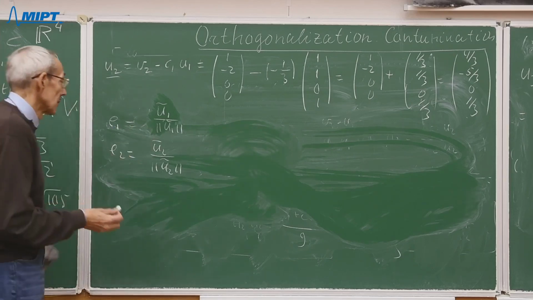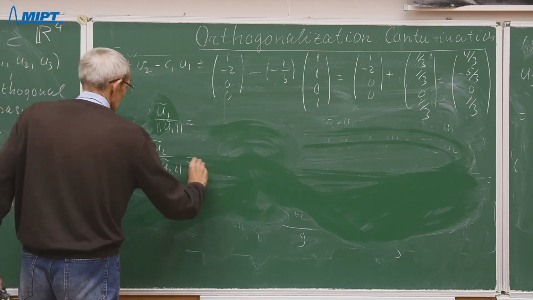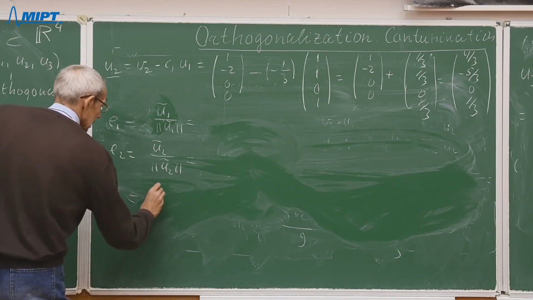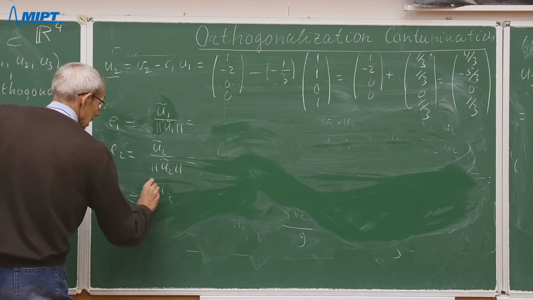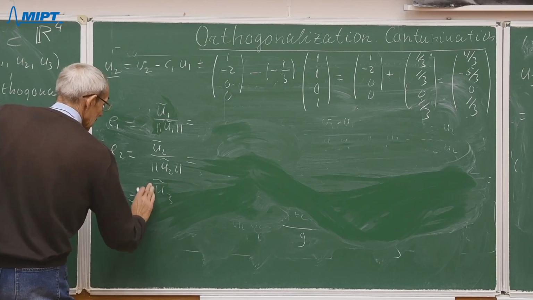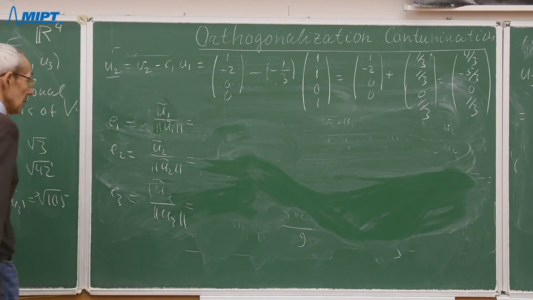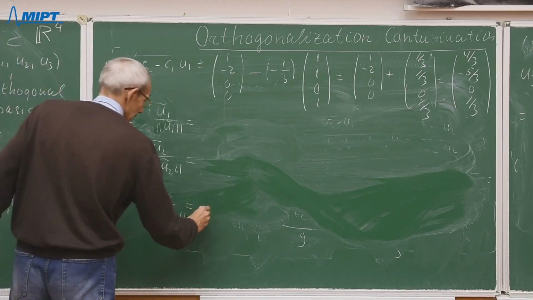And this ratio will be constant for any normalization of this vector.